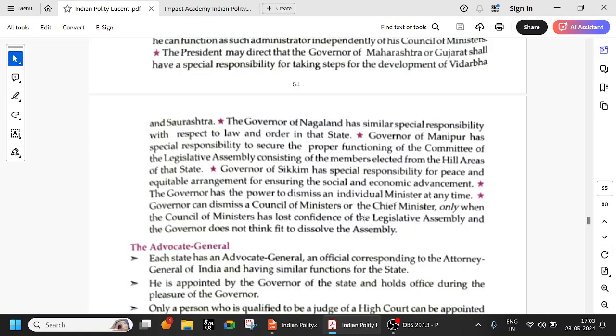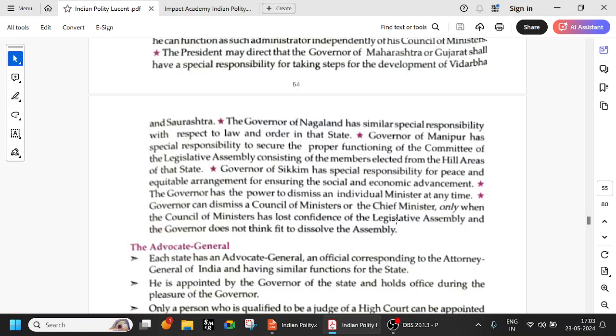The governor can dismiss a council of ministers or the chief minister only when the council of ministers has lost the confidence of the legislative assembly. So just like that, he cannot do it. There has to be a no confidence motion, or it is clearly visible that the Council of Ministers has lost the confidence of the Legislative Assembly.